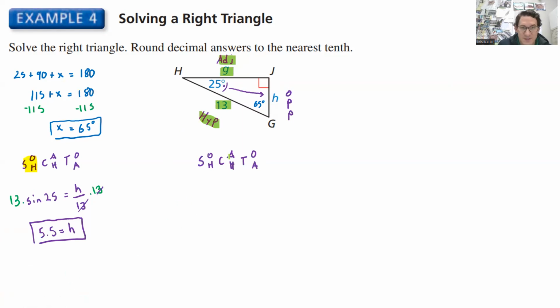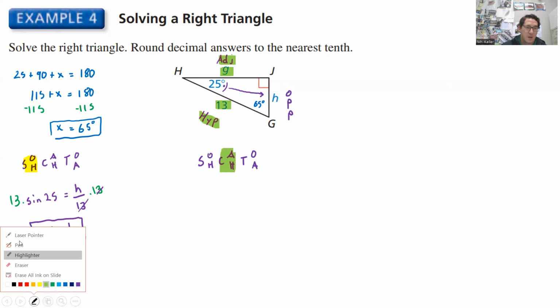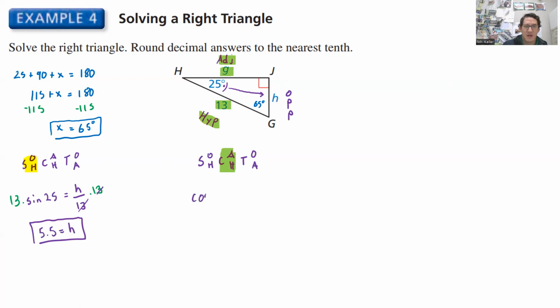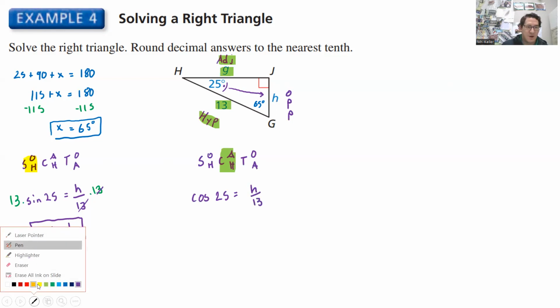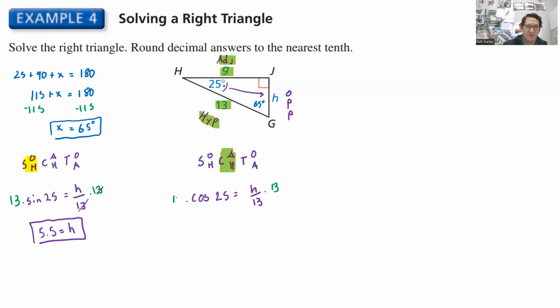So which one uses adjacent and hypotenuse? That's going to be cosine. And we'll use purple again. So it's going to be cosine of 25 is equal to G over 13. And now to solve this one, I'm going to multiply both sides by 13.